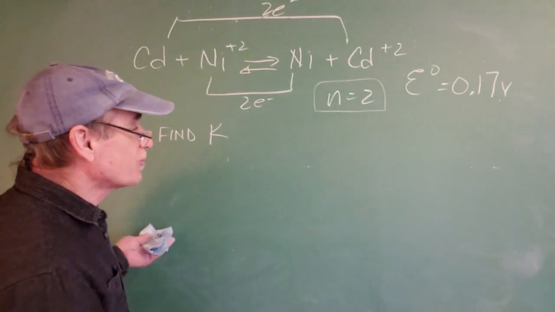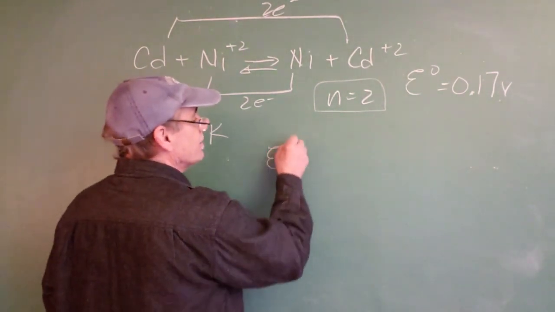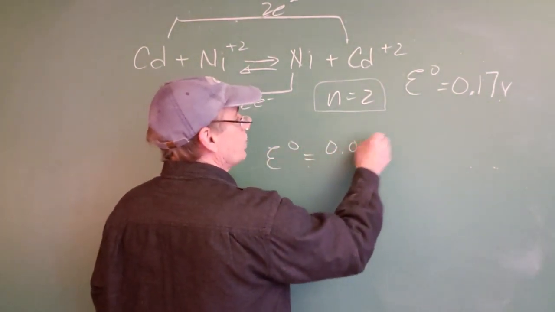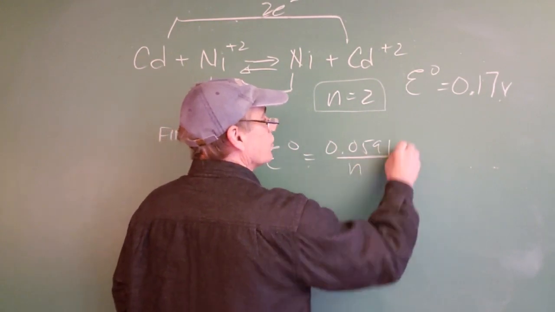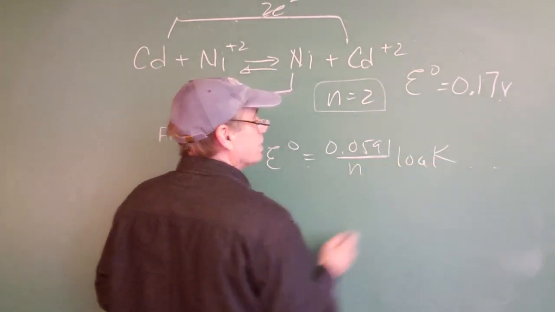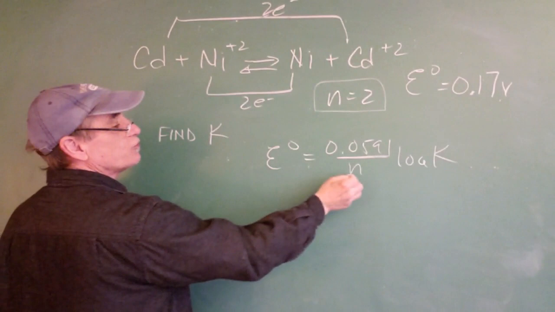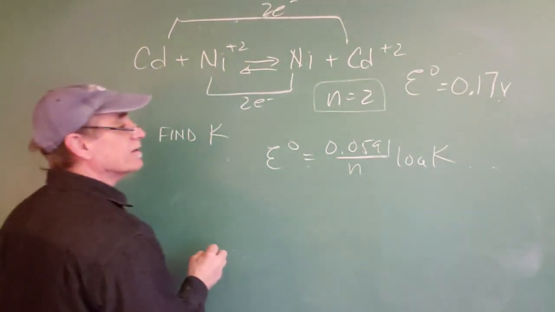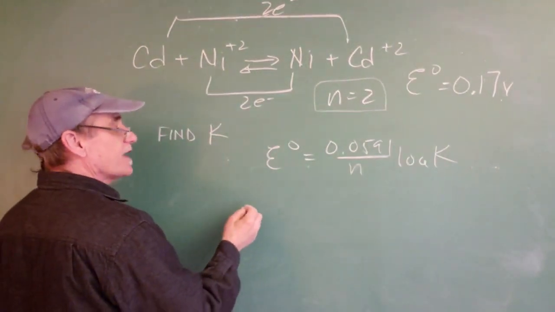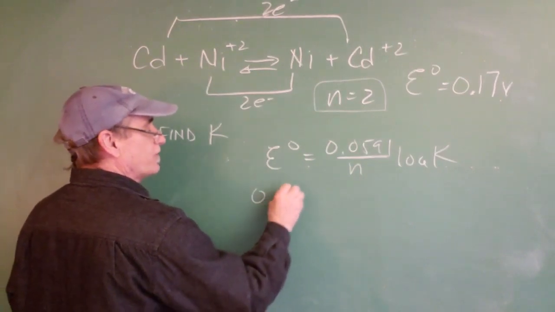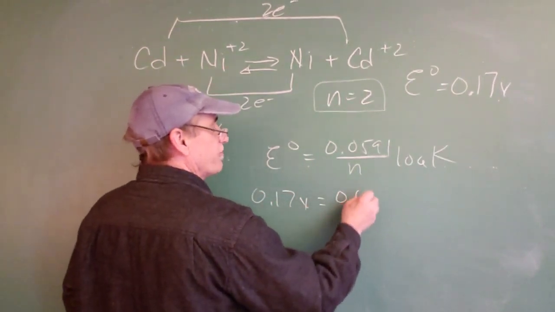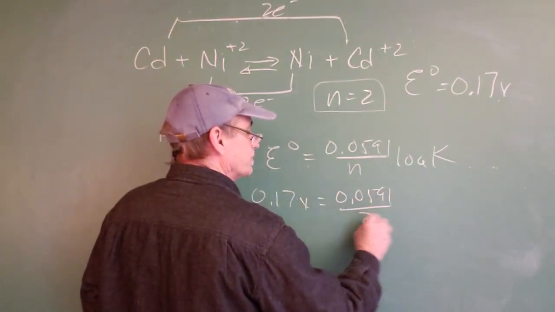Well, we just established the relationship that E naught is equal to 0.0591 over N log of K. We know the voltage, we know the N value, we just don't know K. So in this case, 0.17 volts is 0.0591 over 2 log of K.